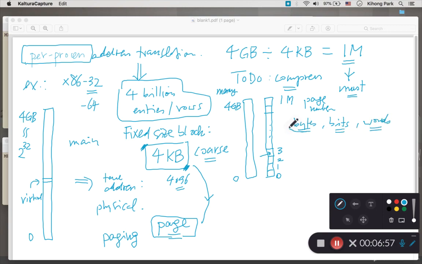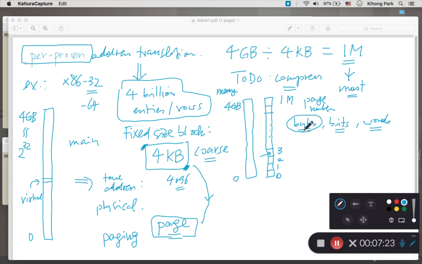But by default, byte is a good unit to think about. So when we are trying to fetch the content of some specific byte, that is this way of looking at the same memory, or this way of looking at it, then by having these pages, to access a specific byte, it entails 2 steps.